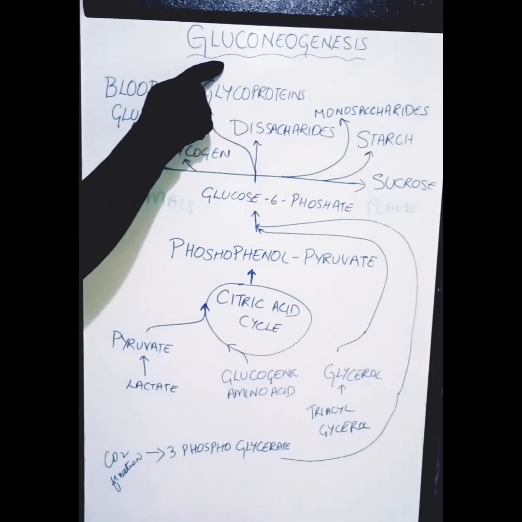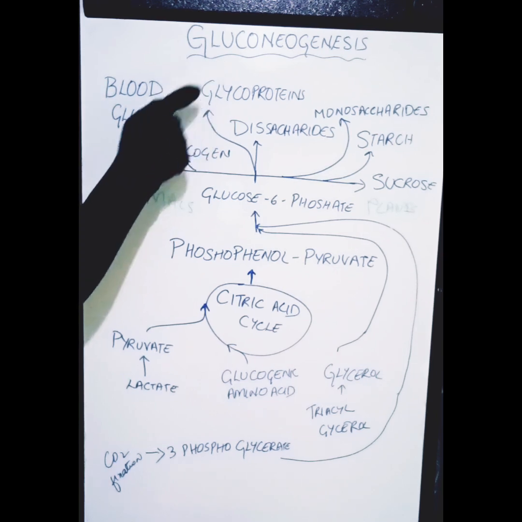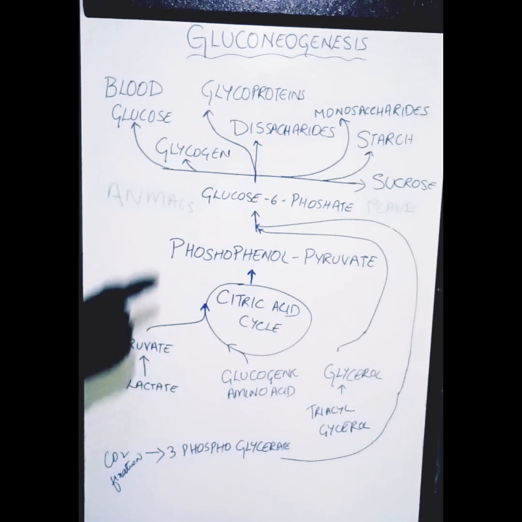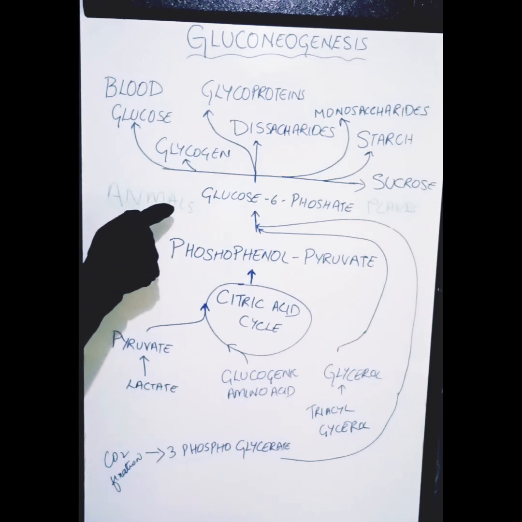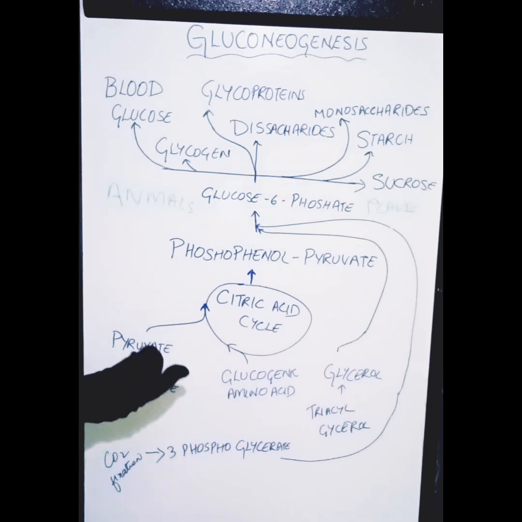Let's understand the important metabolic pathway, gluconeogenesis, which means formation of new sugars. Gluconeogenesis occurs in animals, plants, microorganisms, and also fungi.